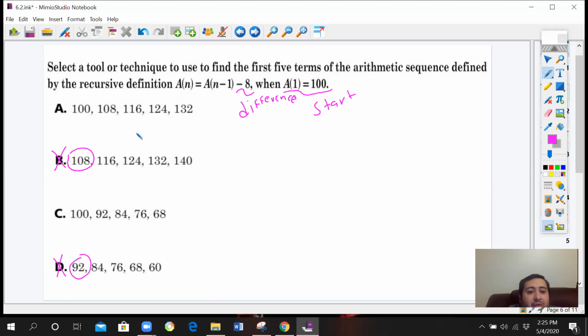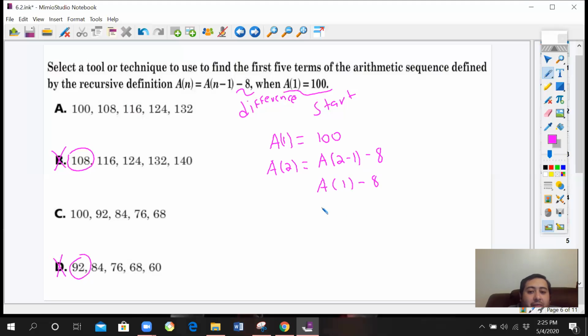All right, so it's between A and C. Since you're subtracting 8 from 100, your A1 is 100. Your second term, if we follow the formula, I'll put it in detail: a2 minus 1 minus 8. Then you have a1 minus 8.